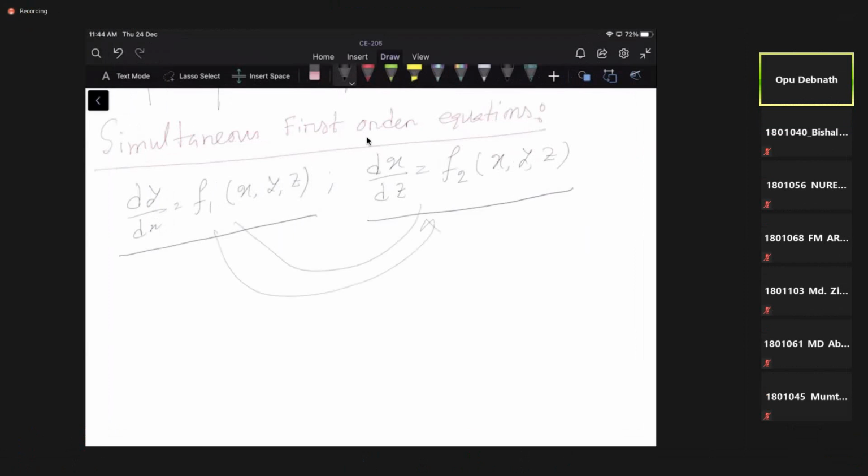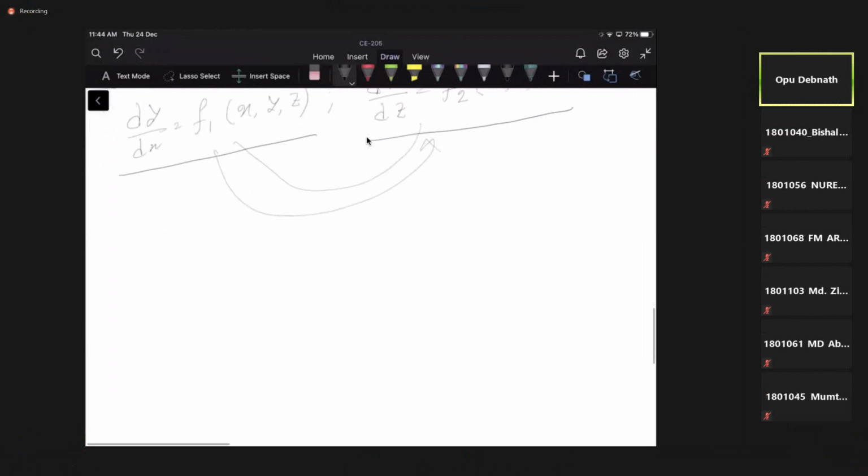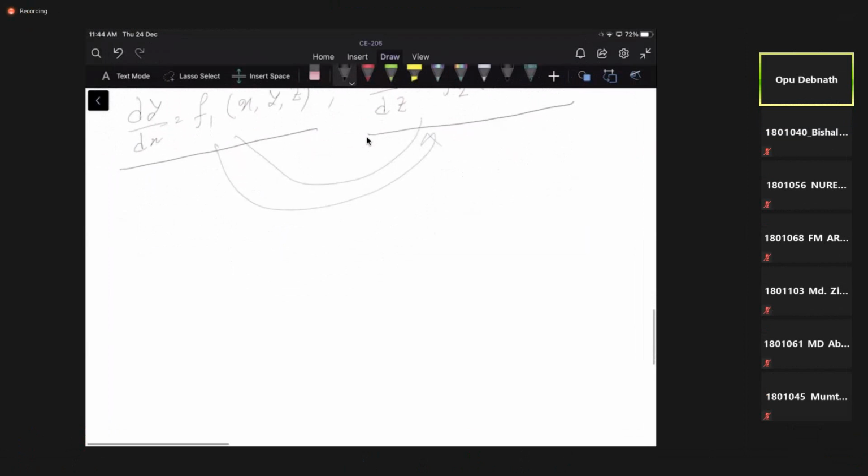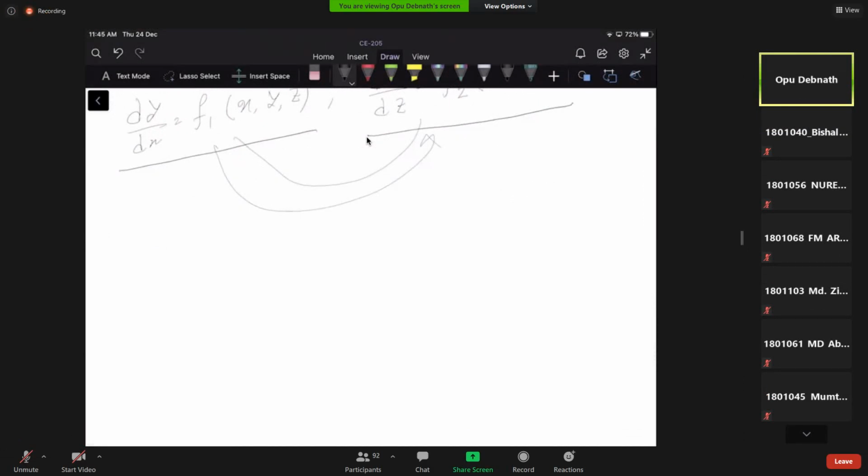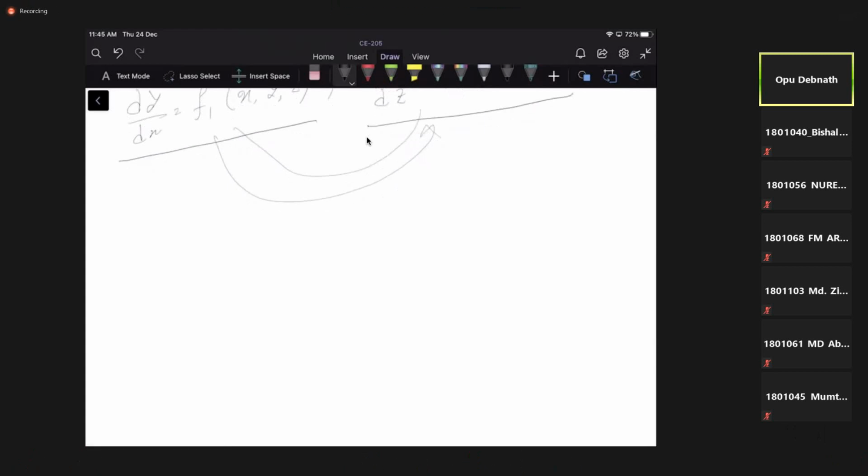Okay, so for such types of problem, we need two initial conditions. As the number of unknowns is 2, at this stage we need two initial conditions: y of x0 is y0, and z of x0 is equal to z0.